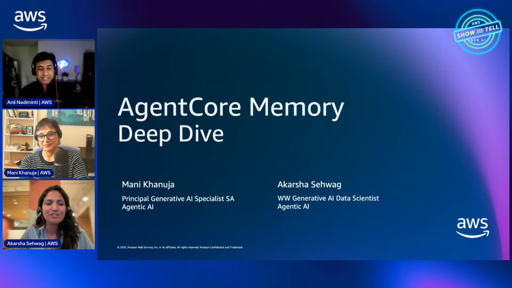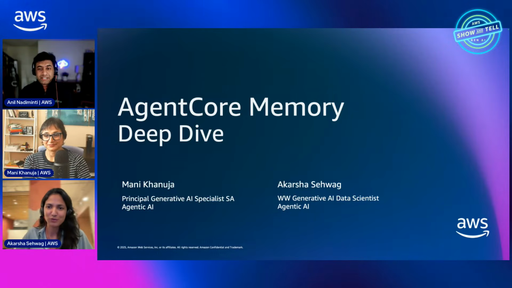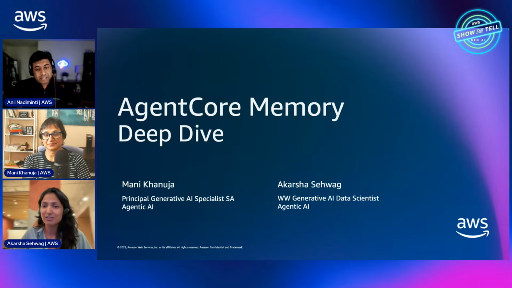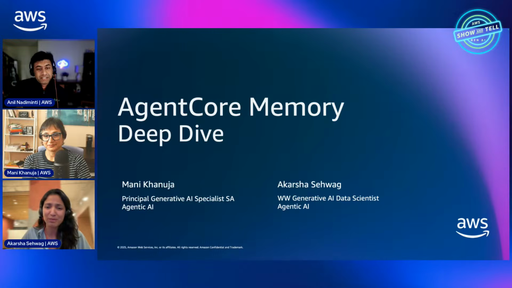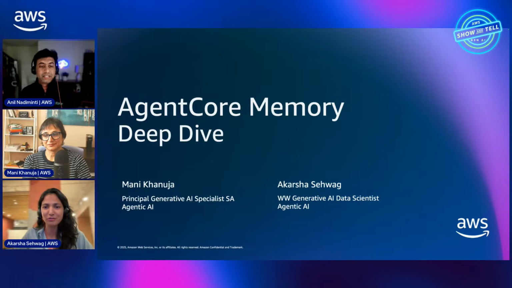All right. So, we are today going to talk about AgentCore Memory, which is a service for agent memory management. AgentCore Memory makes it easier for developers to build context-aware agents by eliminating the complex memory infrastructure management, right? While providing full control over what exactly the AI agent remembers.